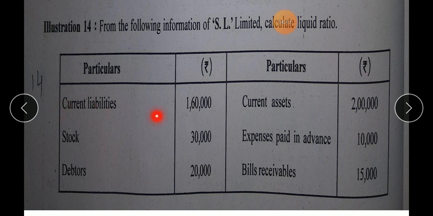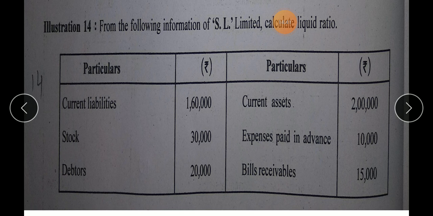Current liabilities 1,60,000, stock 30,000, debtors 20,000, current assets 2 lakh, expenses paid in advance 10,000, bills receivable 15,000. You are supposed to calculate liquid ratio.